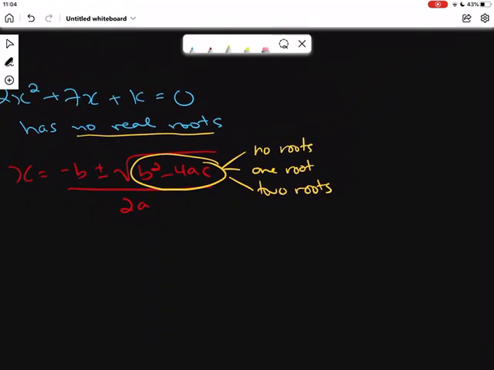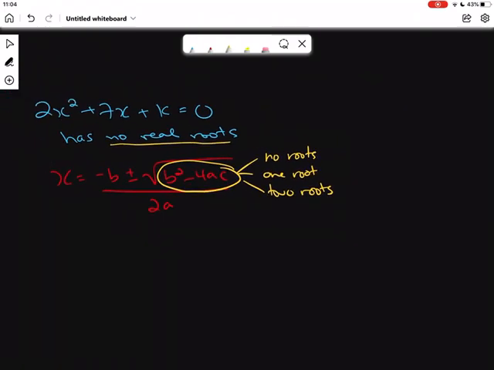And this happens, so when we have no roots, that means that this b squared minus 4ac has to be less than 0, because no roots means that I'm going to get something that's undefined or doesn't exist, and that will happen if b squared minus 4ac is negative, because remember, I can't take the square root of something that is negative.